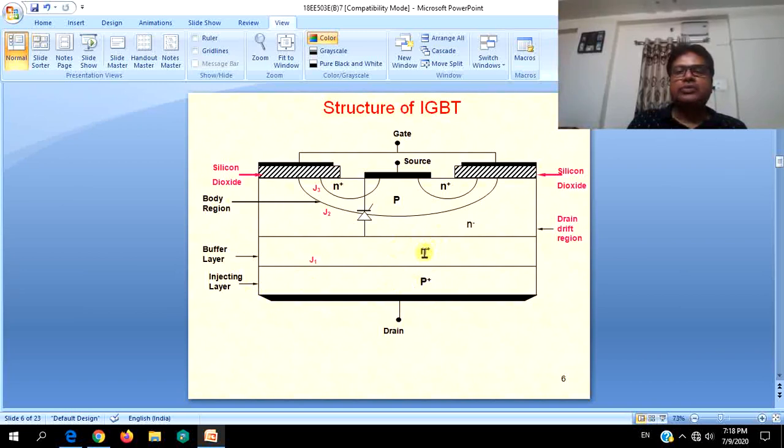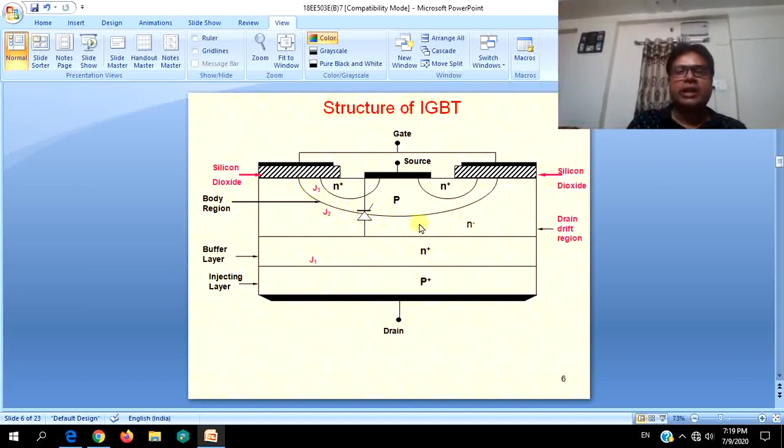Next comes the N layer, which is large in size and area in this case. Just adjacent to P plus, an N plus layer will be there, or in some regions a heavily doped layer will be formed with N plus, which is called the buffer layer. Next is the actual N minus substrate layer, which has less doping in this case.